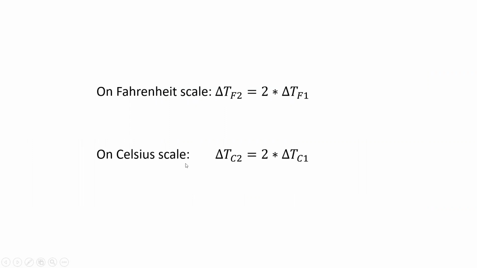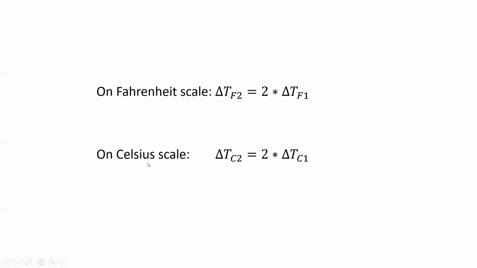But the same statement would hold for the Celsius scale as well. Measure the temperature before and after 1 minute of flame, and then do the same thing for 2 minutes of flame. The increase in temperature for 2 minutes of flame should be double what the increase in temperature would be for 1 minute of flame. That should be true on the Celsius scale as well.